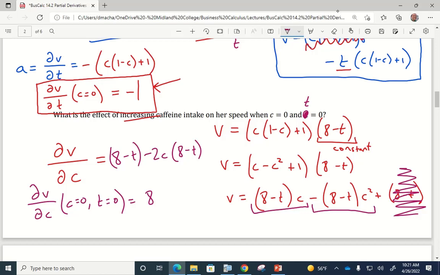And so it looks like it would be 8. And that's just to say that you would have a positive increase in speed if you consume a little bit of caffeine, if you haven't already taken any caffeine and you haven't started running yet for the day.